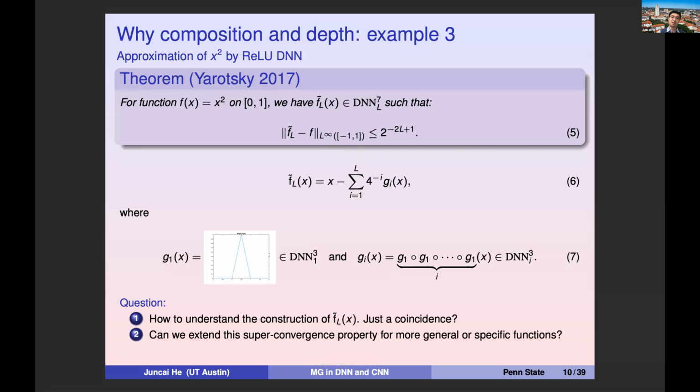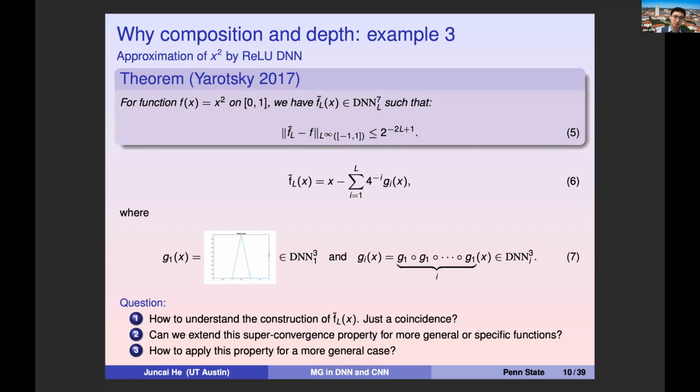The other question is: can we extend this kind of super convergence property to more general or specific functions? If you have polynomials or trig functions, you can still have some structure like this, with a global basis like g_1, g_2, g_3, and find some composition structure among them. Then you can use a deep neural network to recover this function efficiently.